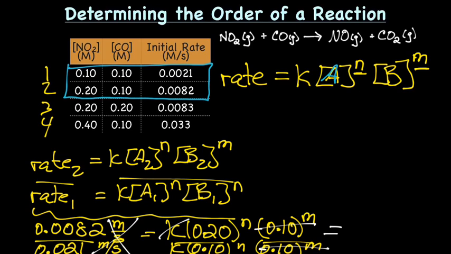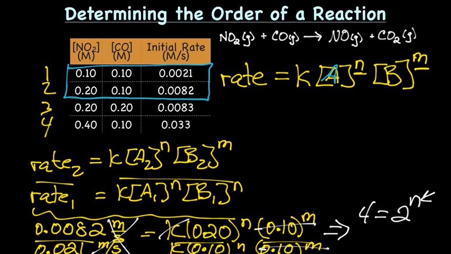Plugging some stuff in the calculator, on the left side I got something like 0.39, which is just about 4. So we'll call that 4, equals the right side, 2 to the N. So solving for N, it must be doubled, so N must be 2.